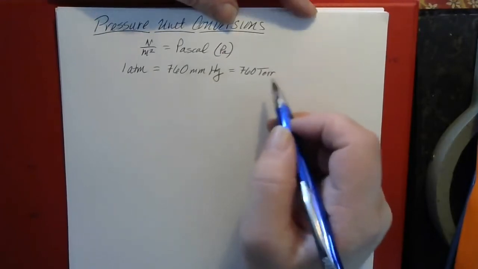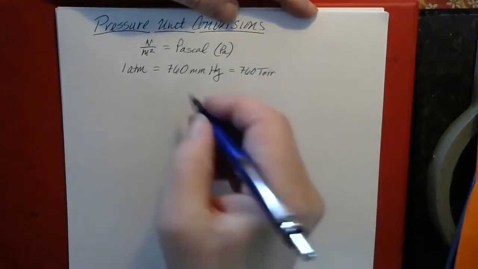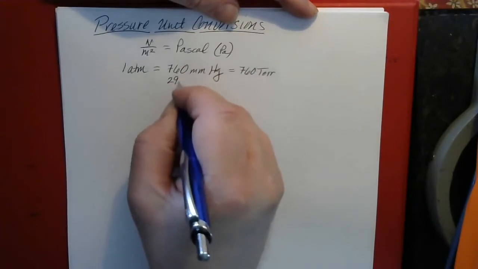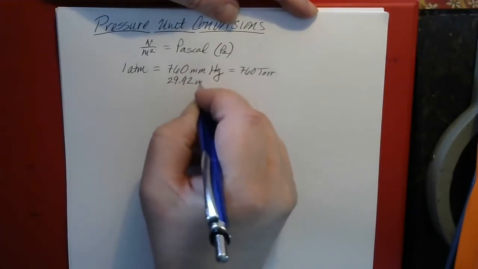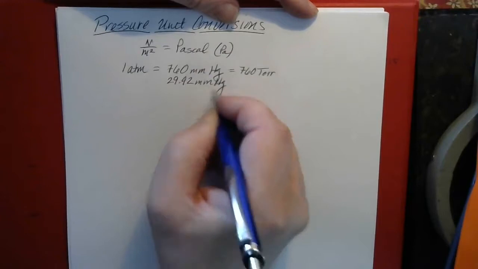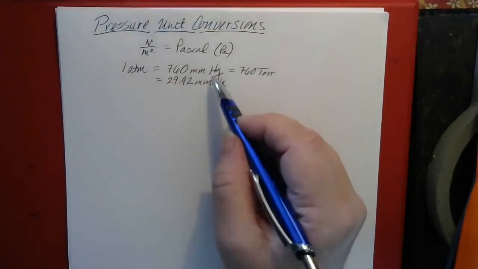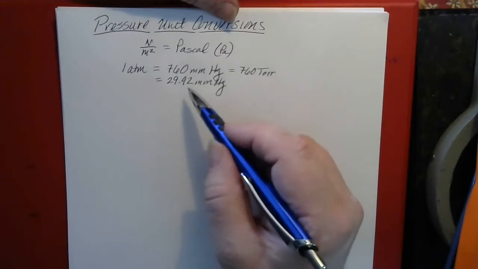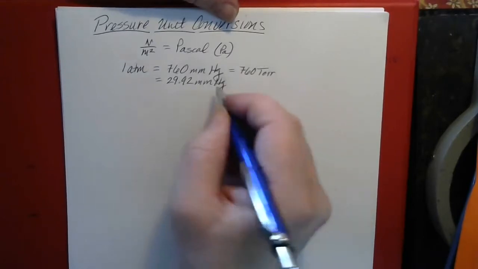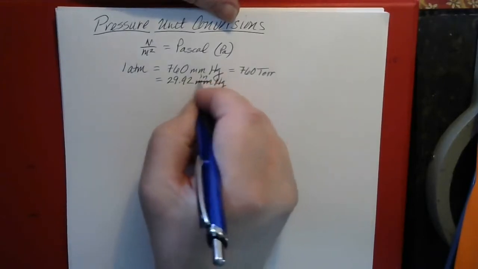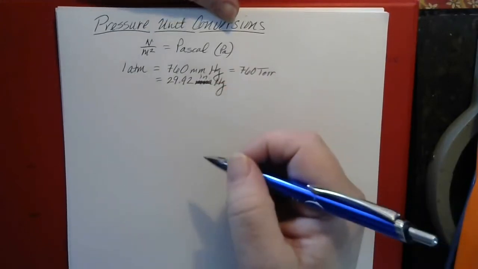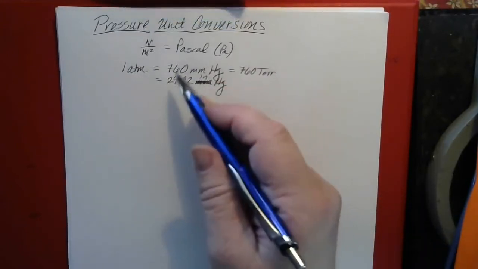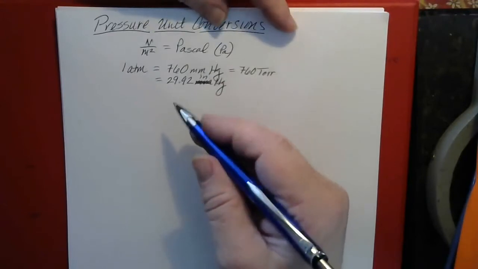Torr is just short for the name of the guy who invented the mercury barometer. And a column of mercury that's 760 millimeters high also happens to be 29.92 inches high. So 29.92 inches is the same as 760 millimeters.